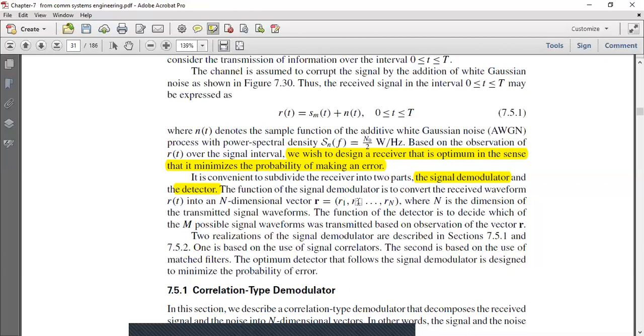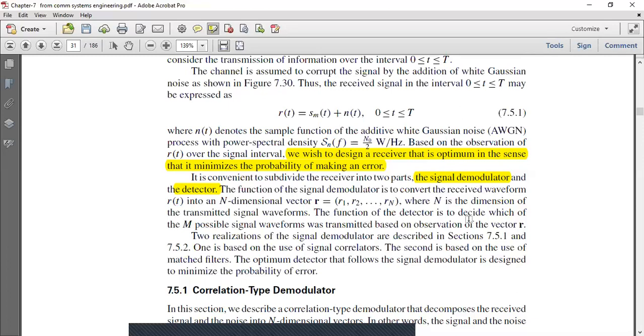The function of the signal demodulator is to convert the received waveform r(t) into an N-dimensional vector r. So r has components r1, r2 up to rN, where N is the dimension of the transmitted signal waveforms. We have already seen the dimension of signal waveform. If we have 4 signals, then we have 4 observations, and all those observations are put in a 4-dimensional vector or observation vector r.